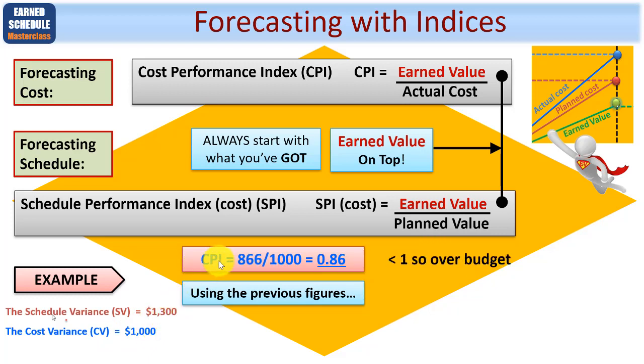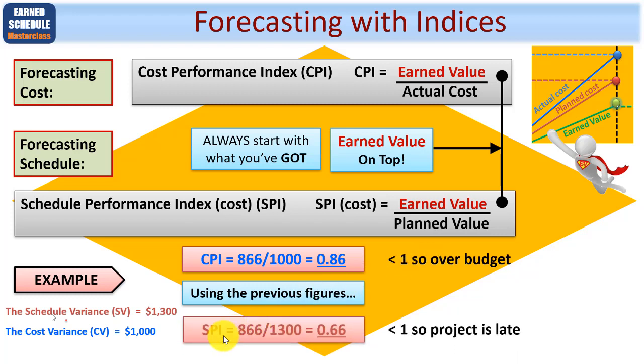You can therefore calculate your CPI, that's this up here, by taking earned value, let's say it was $866, dividing it by the actual cost of $1,000 gives you 0.86, showing you since it's less than 1, this will be over budget. Similarly, SPI is 0.866, that's the earned value, let's imagine, dividing, in this case, by the schedule variance, 1,300, giving you 0.66. This is less than 1, so the project is going to be late.